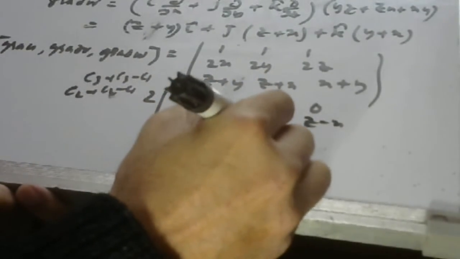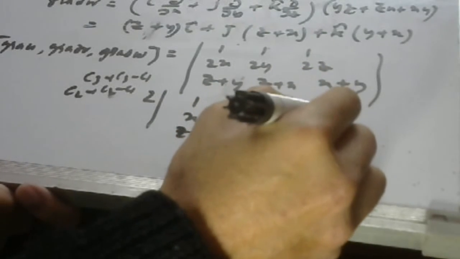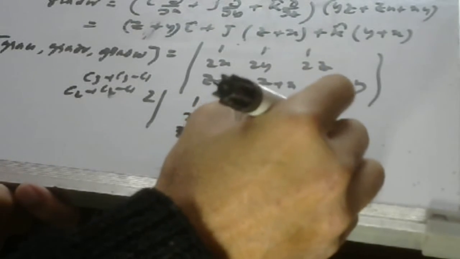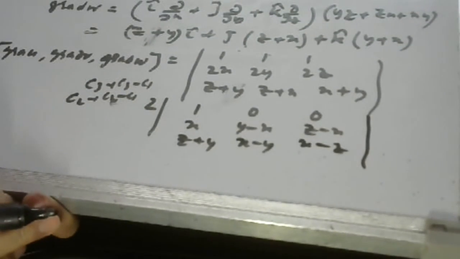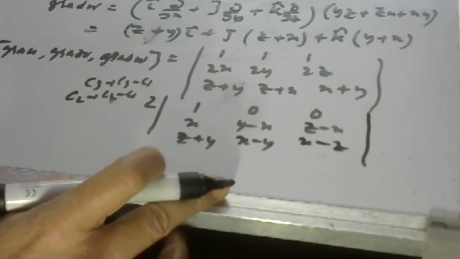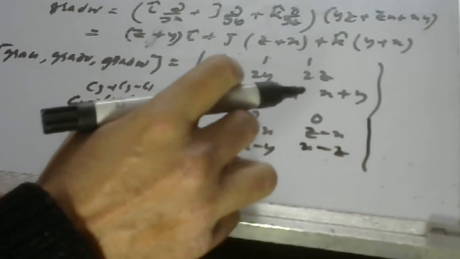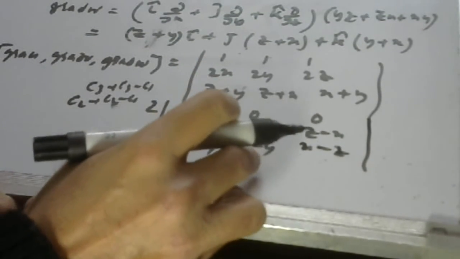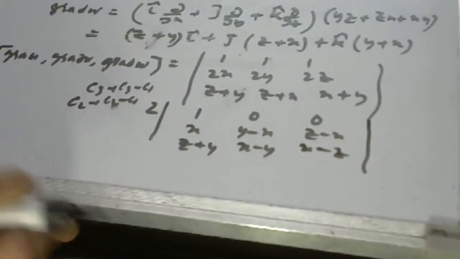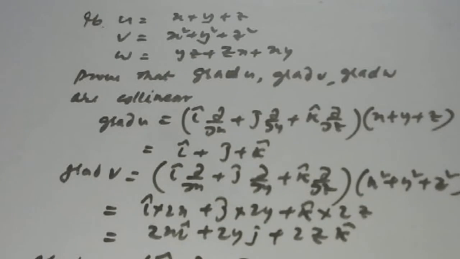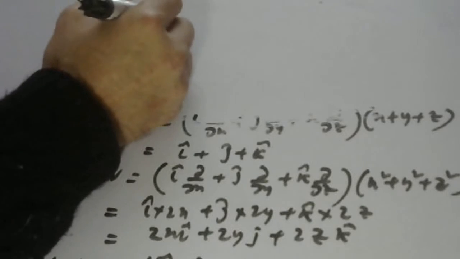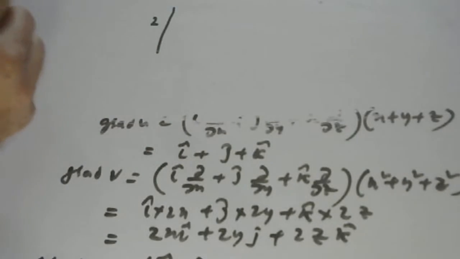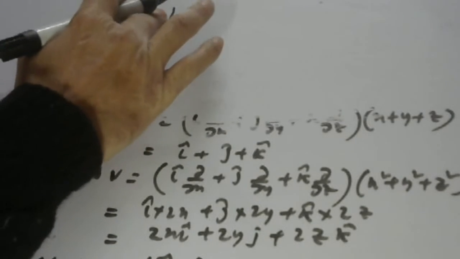This is x minus y. This term becomes x minus z. We take common here. This is x, y minus x we take common, or x minus y we take common. We operate here. Two, and this is a common term we take common here.